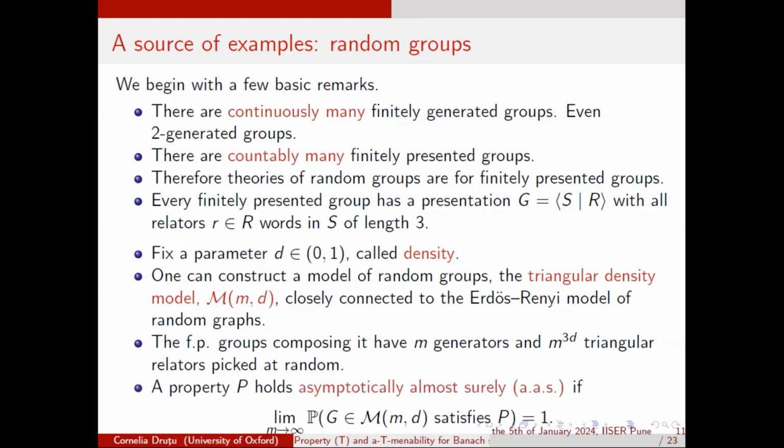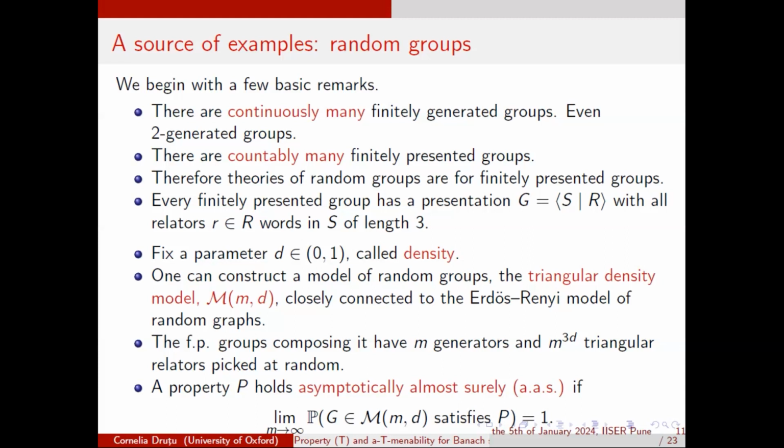And then we say that a certain property holds asymptotically almost surely if, as we increase M, that means we increase the number of generators, so essentially we increase the number of finitely presented groups, and as M goes to infinity, the property is satisfied with a probability that increases to 1. And so this is the model of random groups.